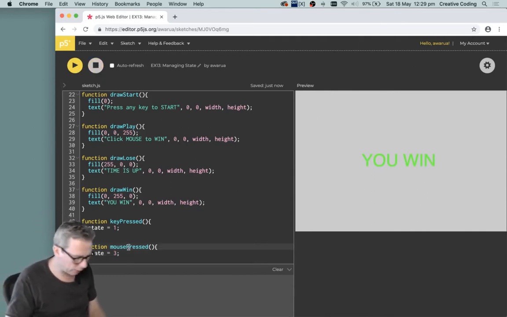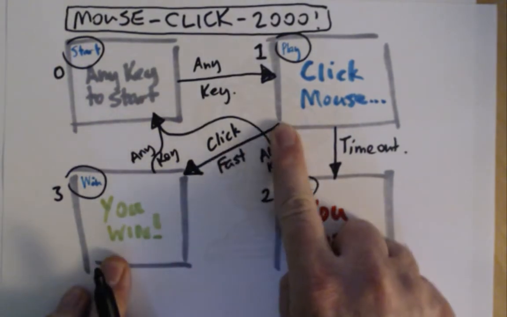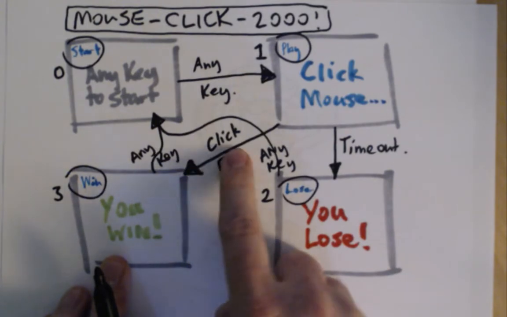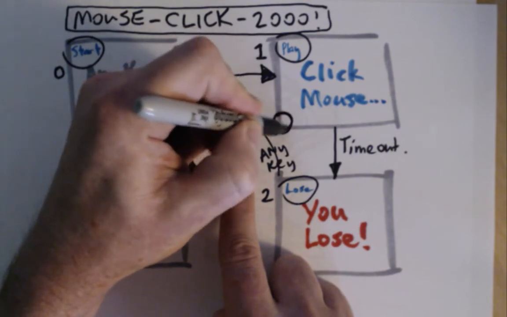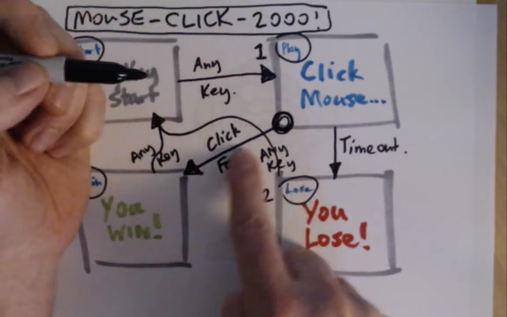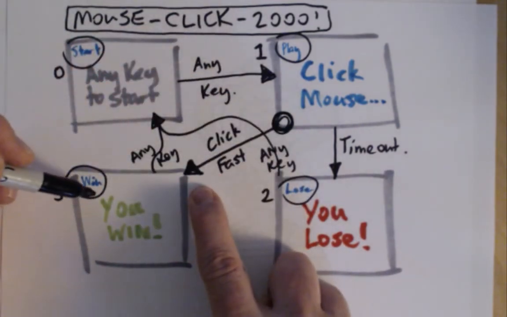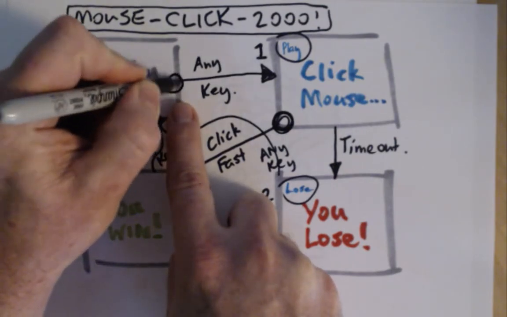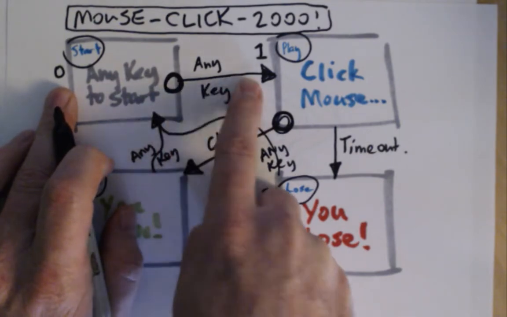If you think about it, if I go back to my drawing again, this arrow that goes from playing the game to winning the game, it's not just that the user clicks, it's that they click from this point. Like they click in state 1. If they click in state 1, then we should go to state 3. And here as well, if they press any key, it should only really check it if they're in state 0.